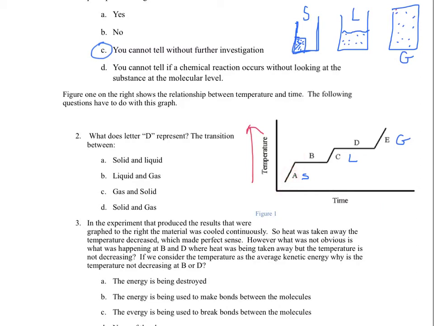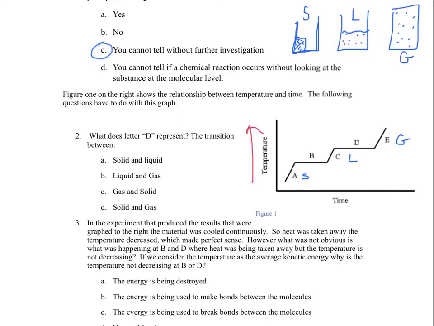Now the question is, why, when this line gets to B, does it not go up anymore? It was a solid, and as it gets heated up, it starts to turn into a liquid, but the temperature doesn't increase any further. So at 0 degrees in the case of the experiment we did in class, the ice doesn't go past 0 until the whole thing turns liquid.